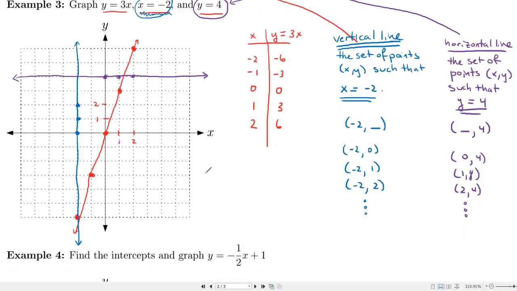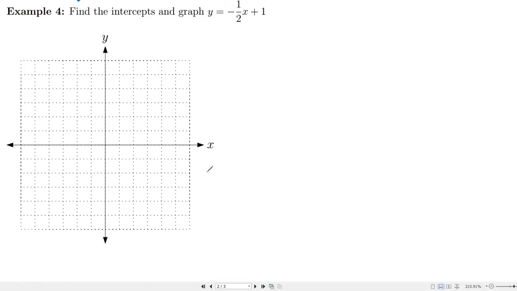Okay, so continuing on. So this next question is find the intercepts and graph the equation y equals -1/2 x plus 1. Okay, so what are the intercepts? So the intercepts are the x and y intercepts. Okay, so what are these?